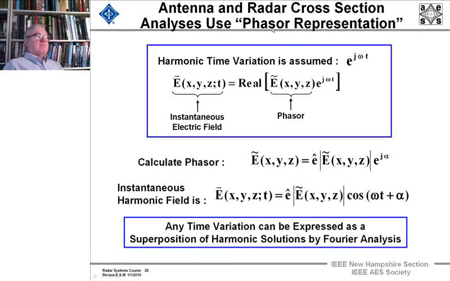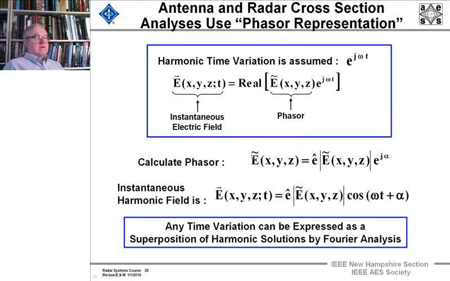The phasor representation is used to take out the sinusoidal variation in electromagnetic waves. It's often used by electrical engineers in their dialect of discussing electromagnetism.